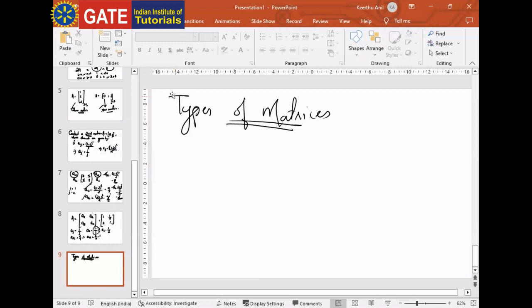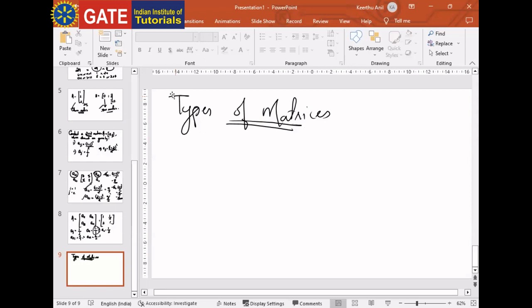Okay. And transpose will also be there. Transpose we will be studying after types of matrices. So you need the definition of each matrix? No, right? People know it. Just name them.